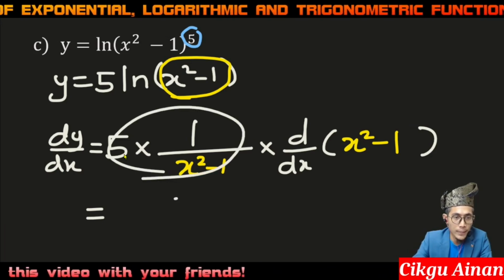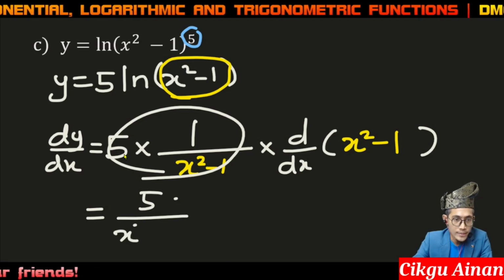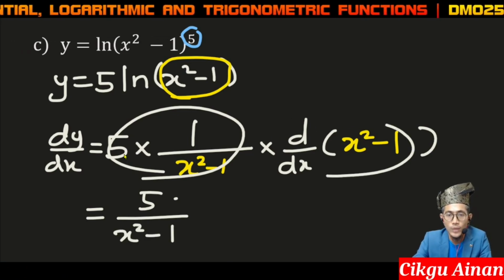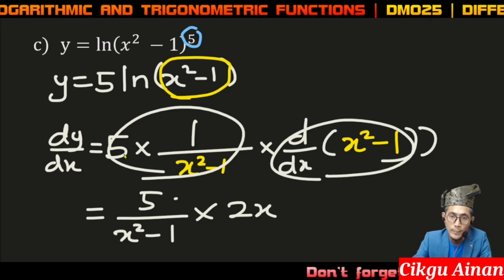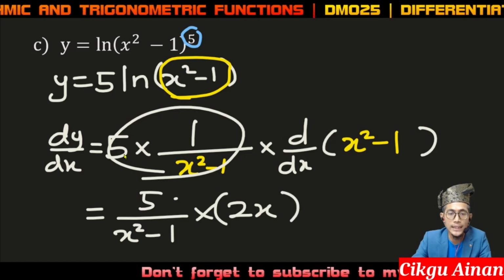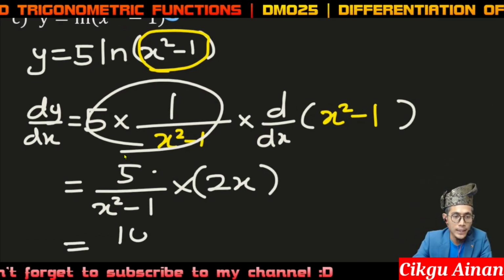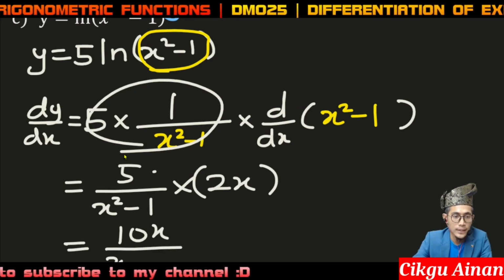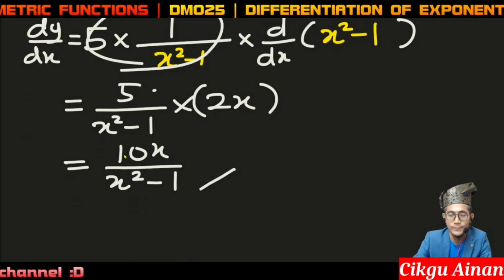We multiply, becoming 5 over x squared minus 1. This one we differentiate, becoming 2x. The minus 1 we differentiate, becoming 0, so there is nothing there, only 2x. Then we simplify, becoming 10x over x squared minus 1.